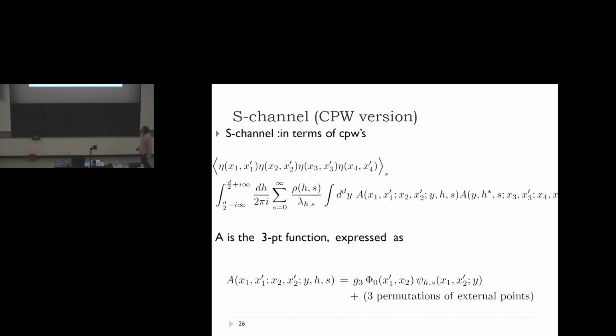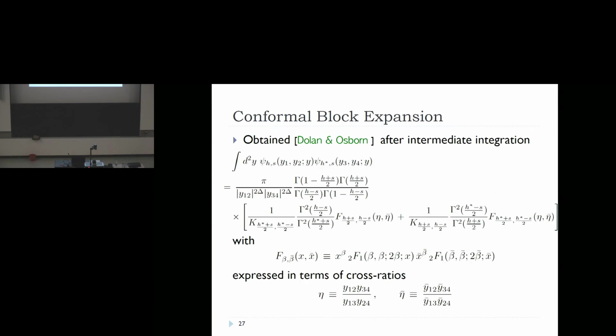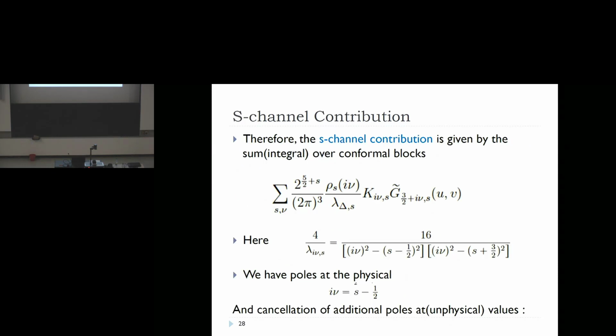If you pursue the calculation in the conformal partial wave basis, here is just some detail which you might appreciate. There are formulas which lead you to an expansion expression in terms of cross ratios. And then you get this kind of formula where you get an integral over conformal blocks where poles have to be picked up.